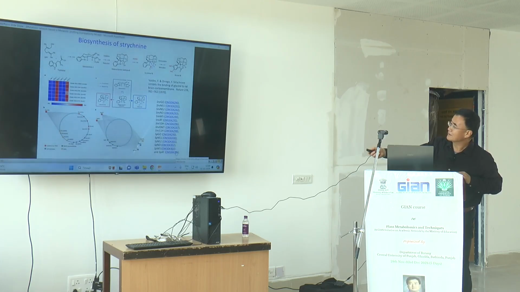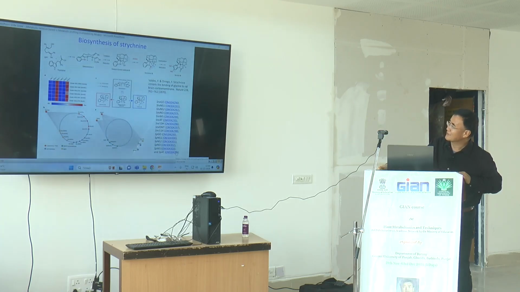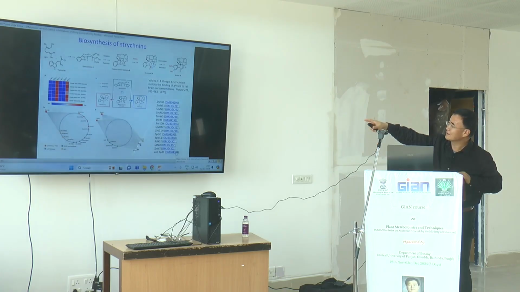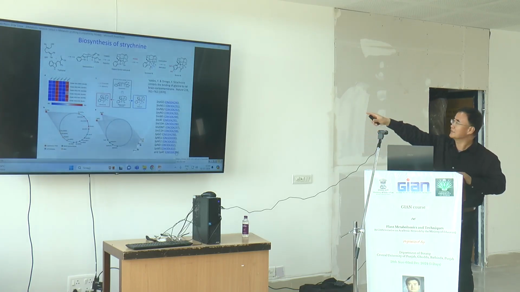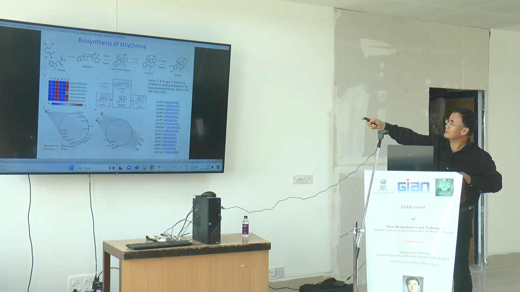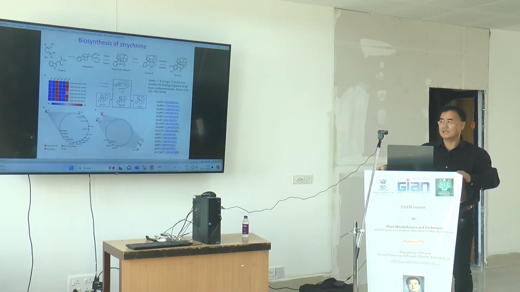This is one paper published in Nature. In the old days they mentioned the biosynthesis, but later on they did not continue to identify those steps. The paper was published a long time ago, but those steps haven't been unveiled, and some enzymes were not identified.